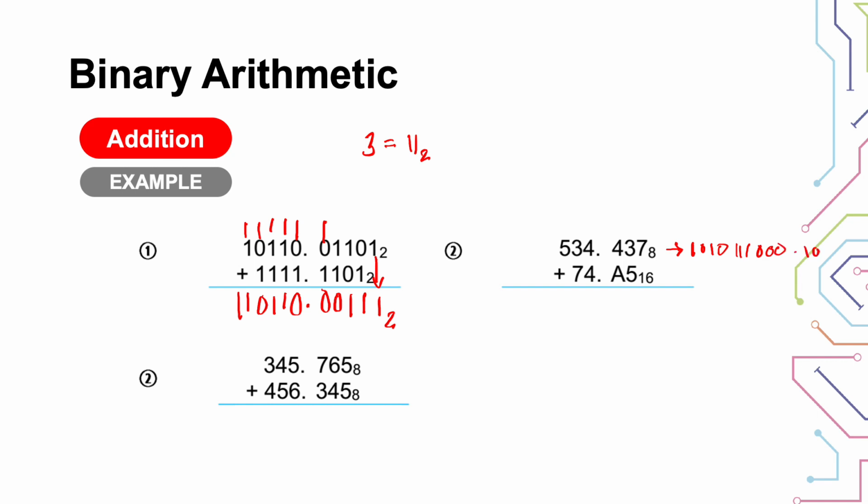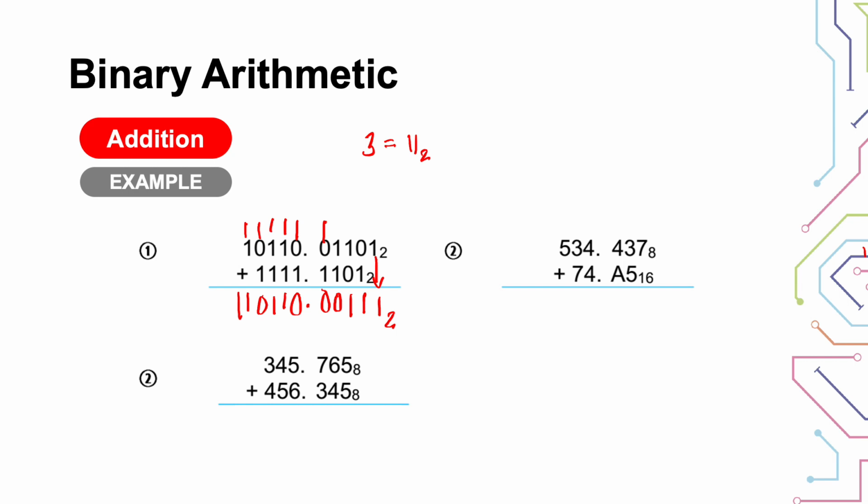Meron tayong 1, 0, 0, 0. And then, meron tayong 5. So, medyo kailangan natin ng malaking space, no? Kasi hindi masyadong decent yung ating yan. So, lagay muna natin sa isang malaking space para makapagsulat tayo.